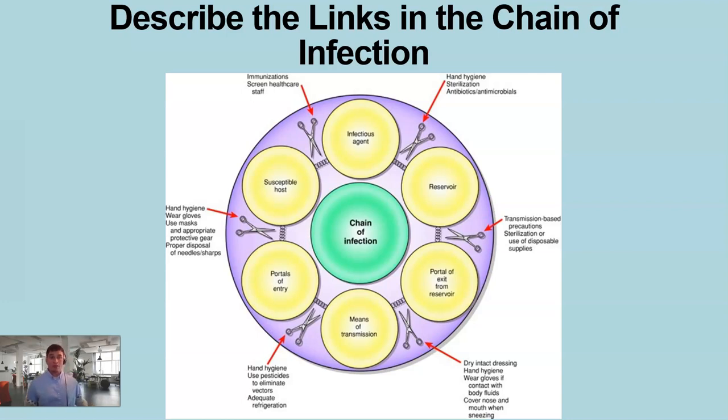Airborne transmission and droplet transmission are often difficult to differentiate. Key things between both of them: microorganisms travel through the air in both cases. So for both airborne and droplet, the microorganism is going through the air. But the difference between the two modes is the size of the organism, because smaller microorganisms can travel ridiculously long distances and remain suspended in the air.